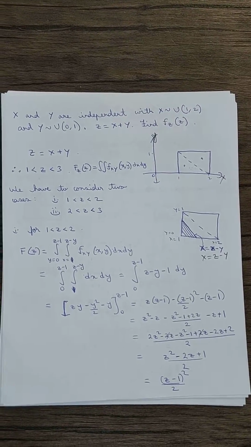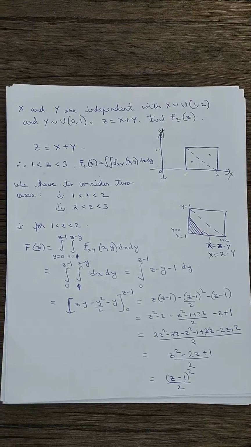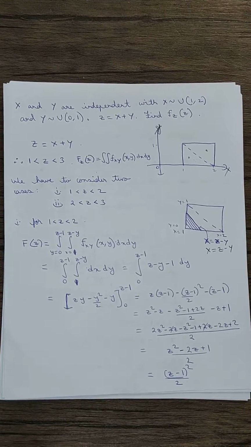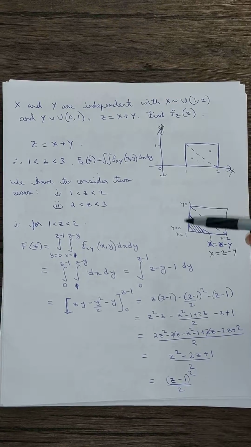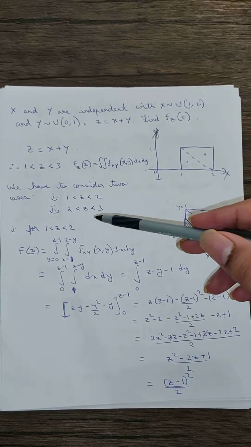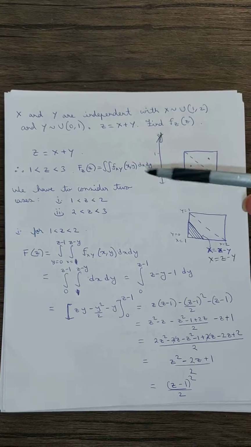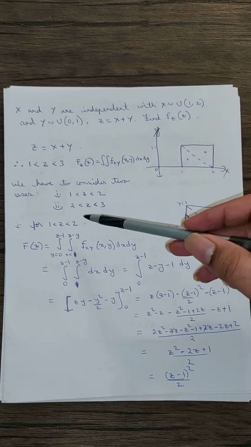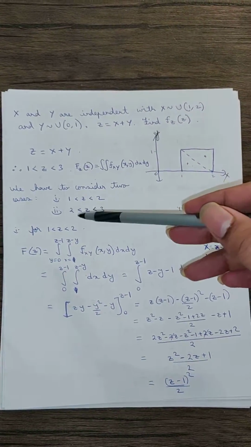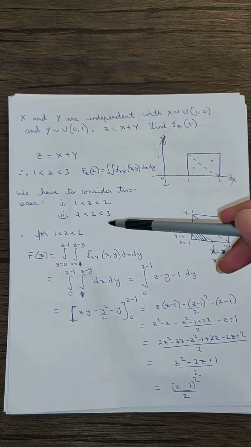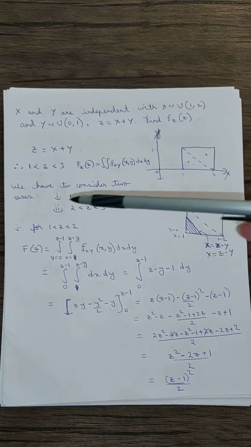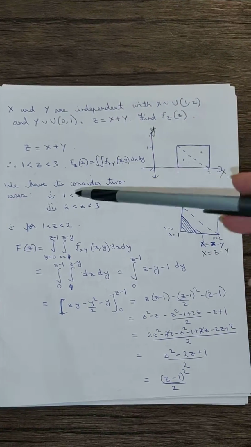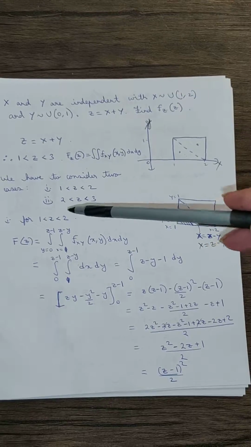And Y is uniform in 0 to 1, so its limits have to be in the form of 0 to some value. Since Z is greater than 1 and less than 2, if you subtract 1, we see that Z minus 1 is greater than 0 and less than 1, which is similar to the limits of Y. Therefore Y is running from 0 to Z minus 1.